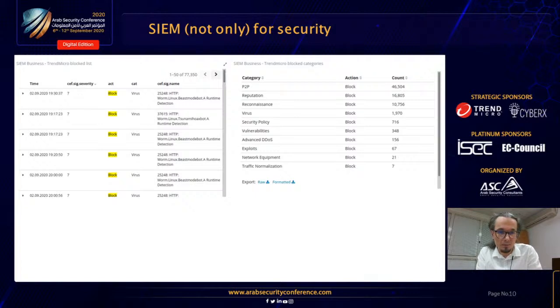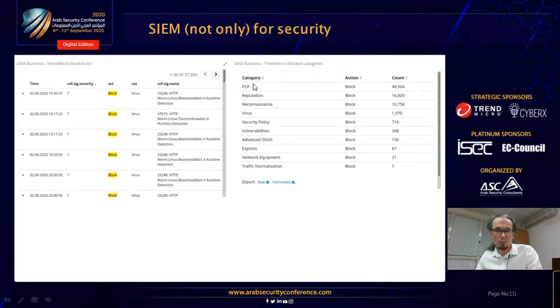Here we see the example of a Trend Micro use case, where we are gathering the Trend Micro data analysis and presenting it in the form of a table, where we can see, for example, the severity of issues, group of issues, what the action was, and what the category with the name was.